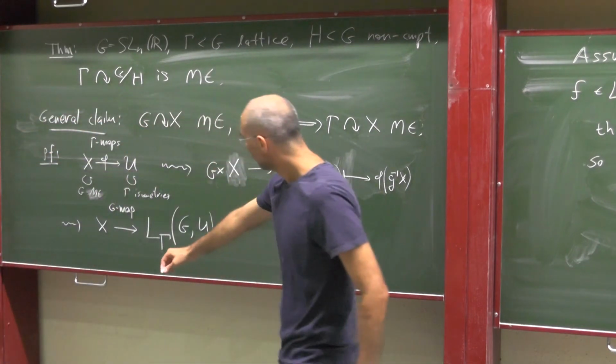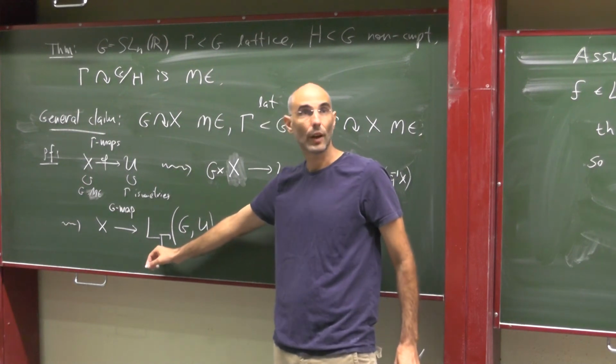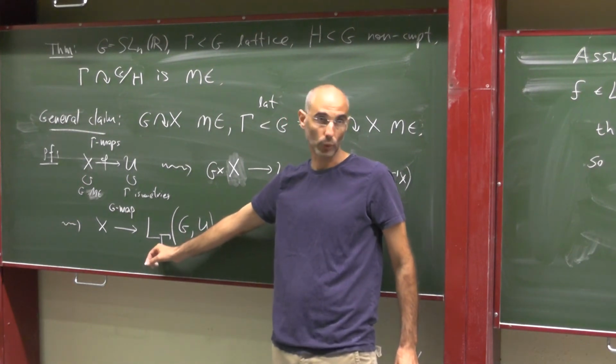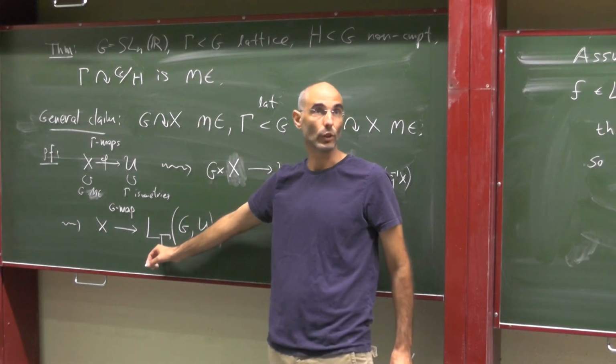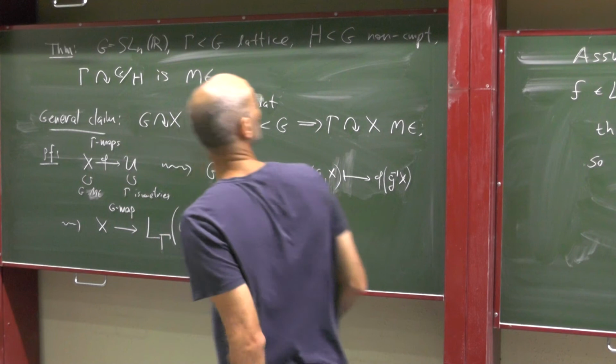But now, this space, the space of gamma equivariant maps from G to U, what I want to claim is that it has a natural structure of a metric space.